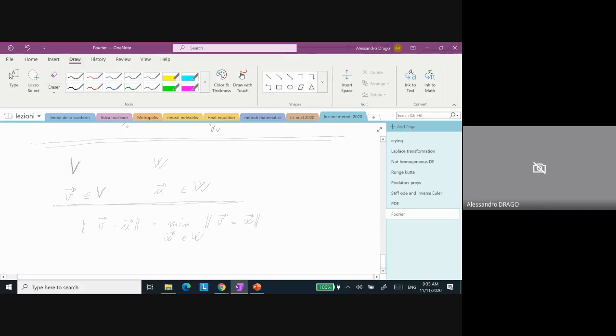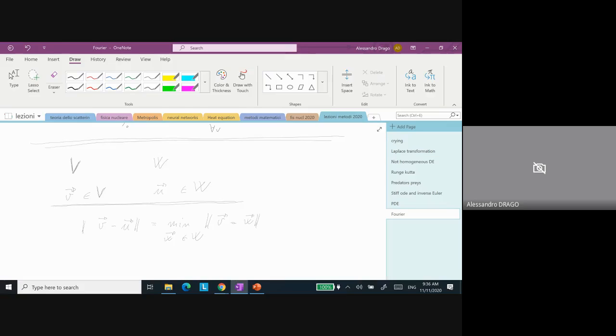Okay. And one can demonstrate that this vector U exists and is unique, which is the best approximation to V, restricting ourselves to the subspace.